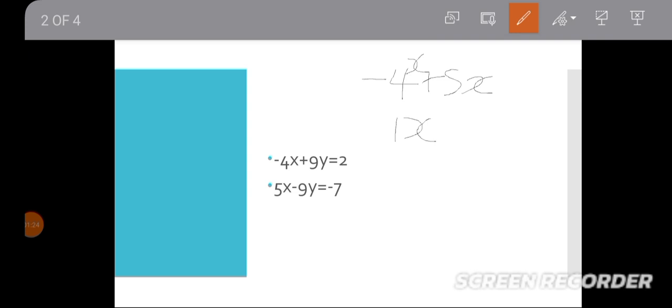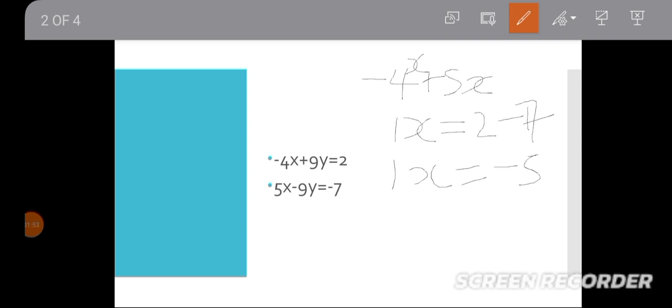So now we're only left with the sums, that is positive 2 and a negative 7. We write back the 1x, and a positive 2 and a negative 7 will leave us with a negative 5.